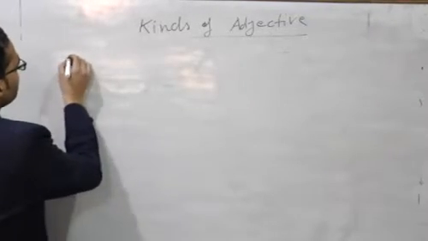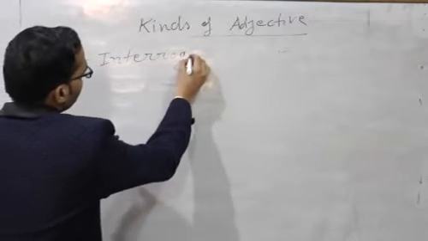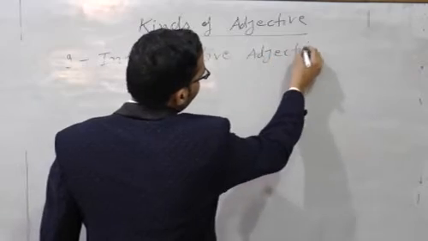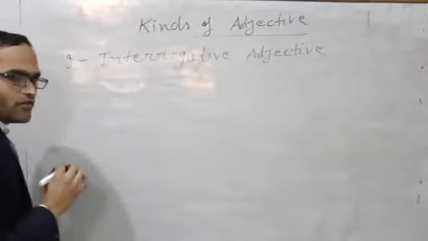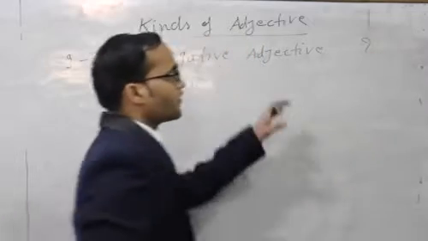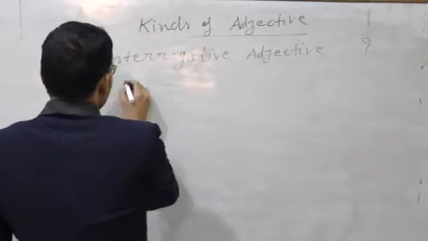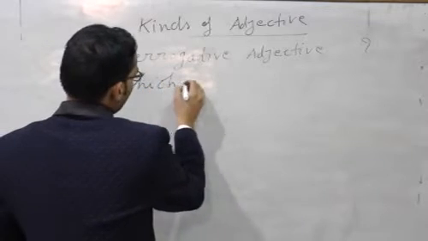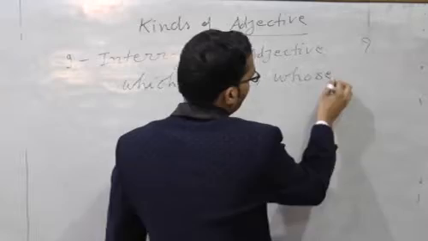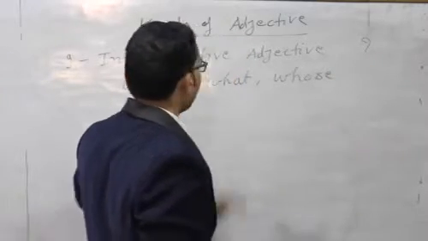Number 9, interrogative adjective. Whenever we find a question mark, we say this is an interrogative sentence. Similarly, whenever we talk about which, what, whose, coupled with this question mark, that becomes an interrogative adjective.